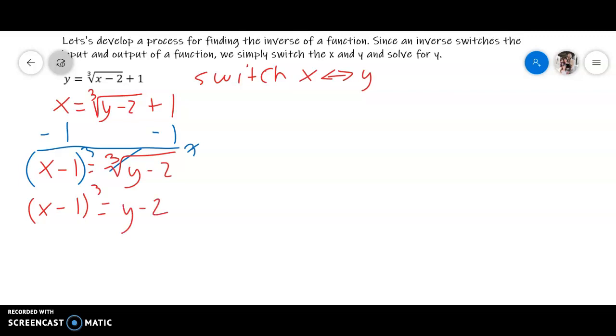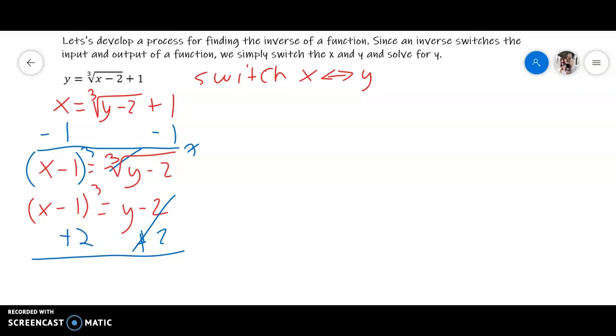So how do I solve for y? I add 2. Now, it's very important when we do that we realize that the negative 1 in x minus 1 is inside the parentheses, and the plus 2 is outside the parentheses. They don't combine. The number one mistake here is someone says x minus 1 plus 2, that's x plus 1.